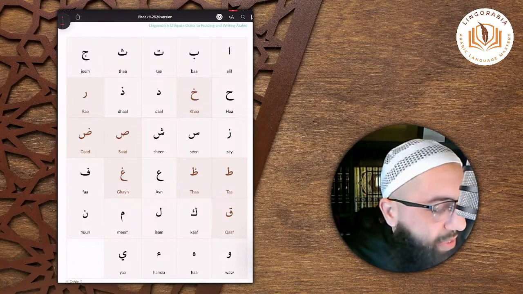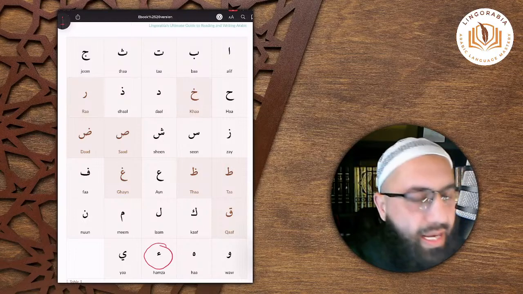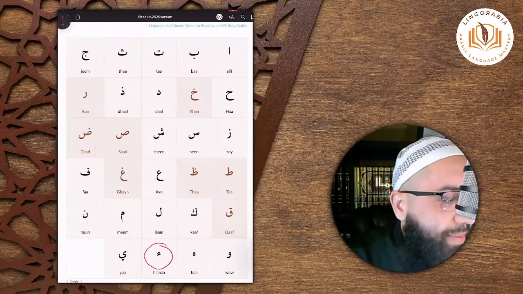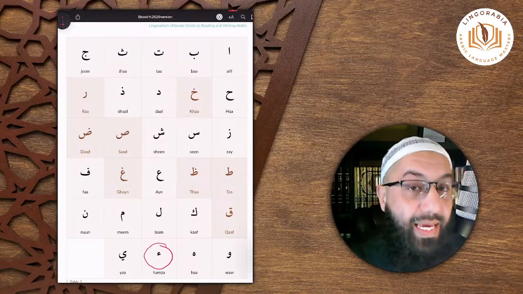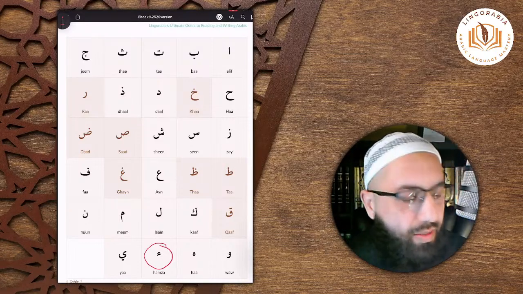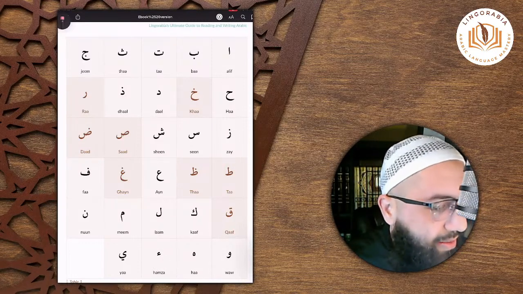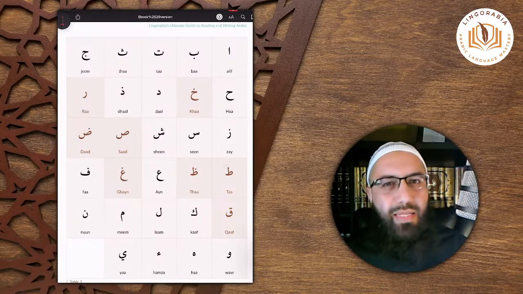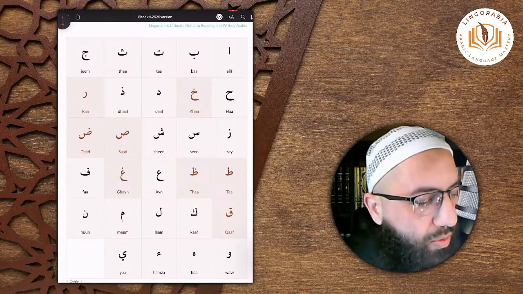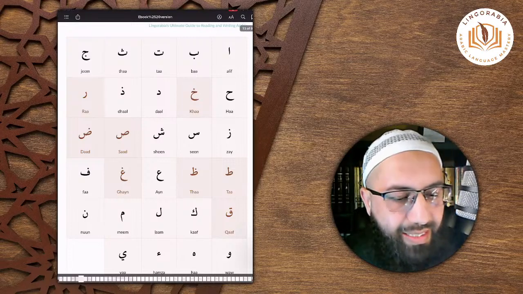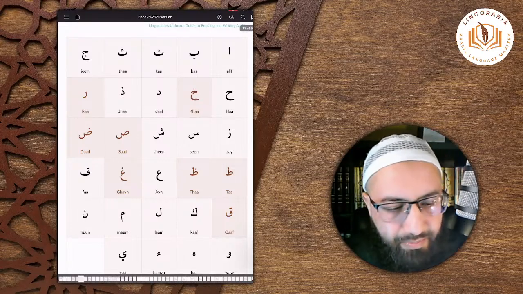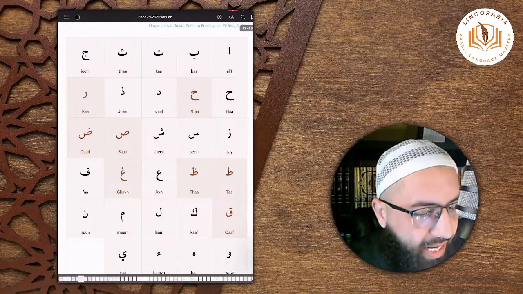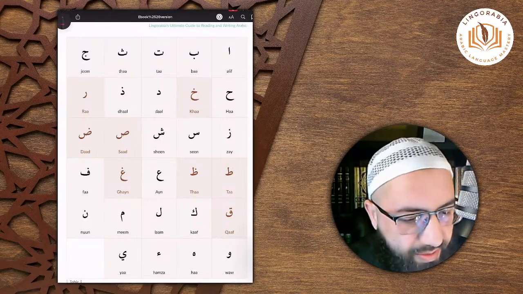But some of them count the Hamza as a separate letter, and some say that it's a diacritical mark, so they don't count it as a letter. So even if you say 29, there are some people who say this, so you're not totally wrong. But it is 28. Okay, that's nice. Let's carry on.